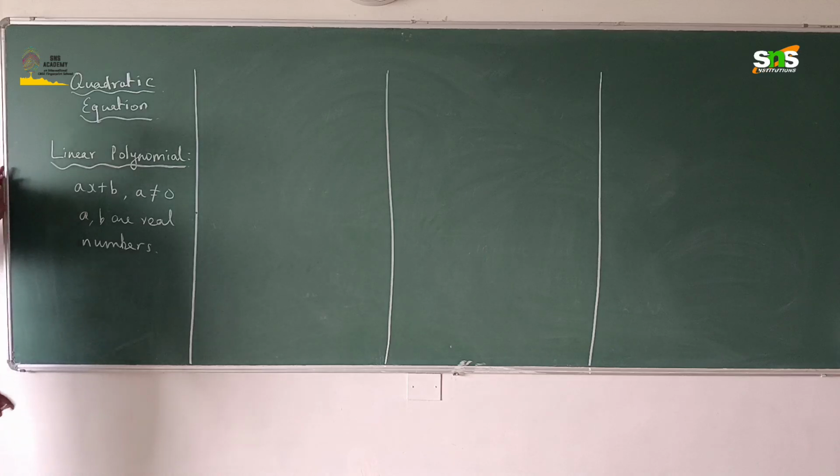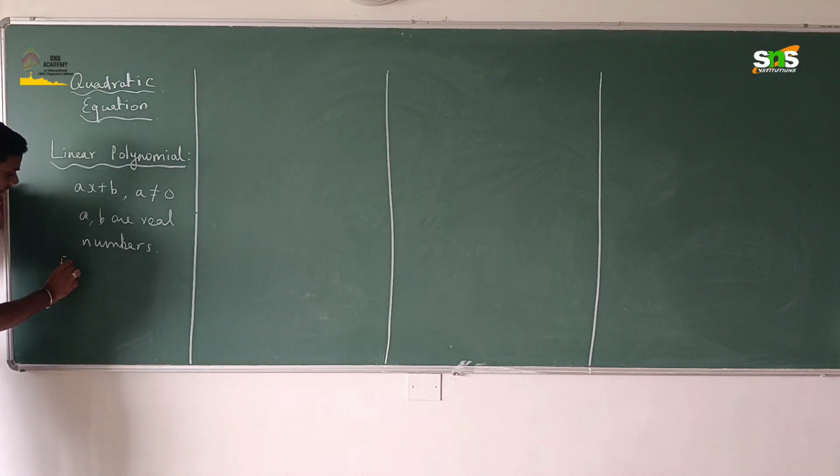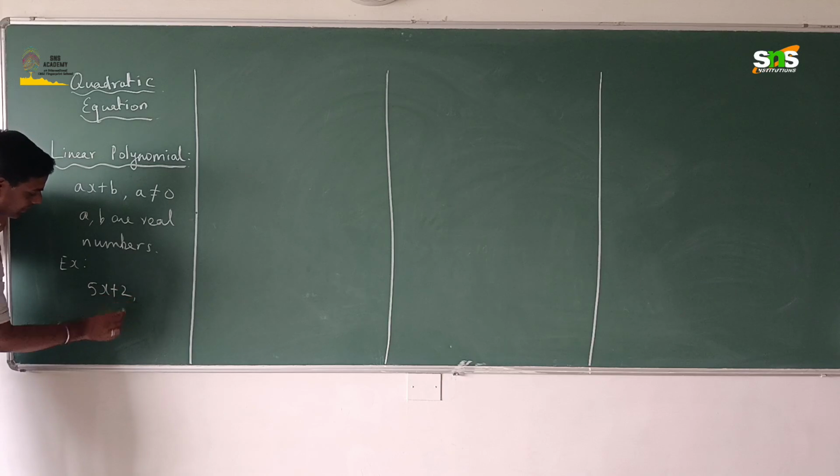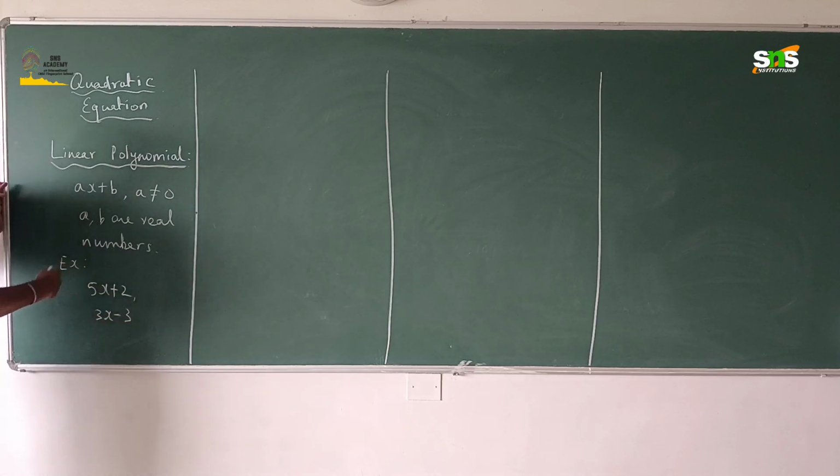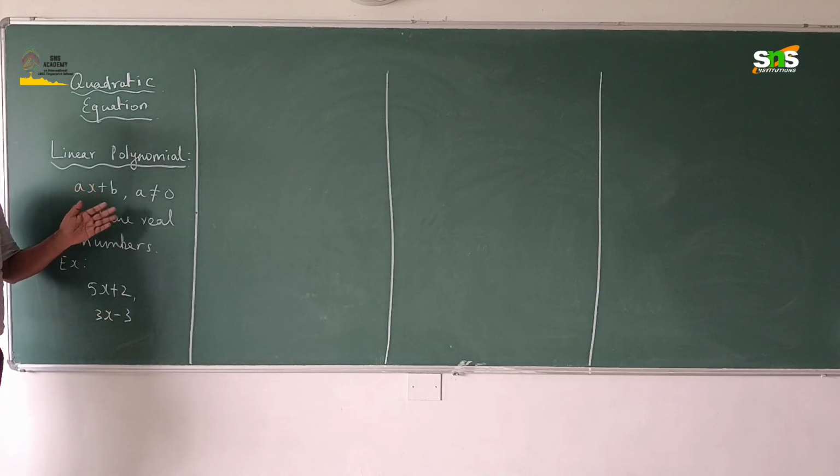For example, we can take 5x + 2 and 3x - 3. These are examples of linear polynomials.